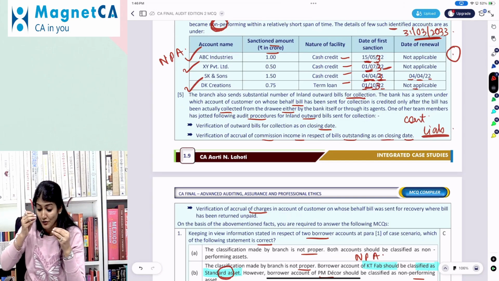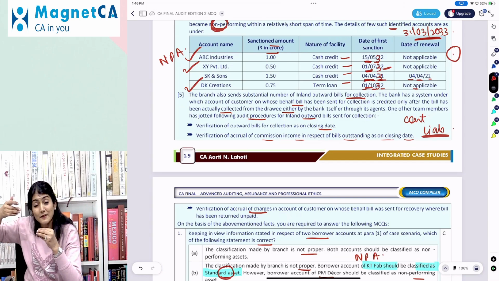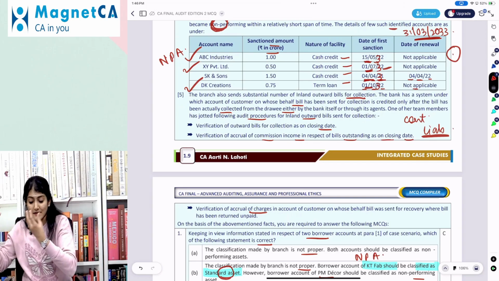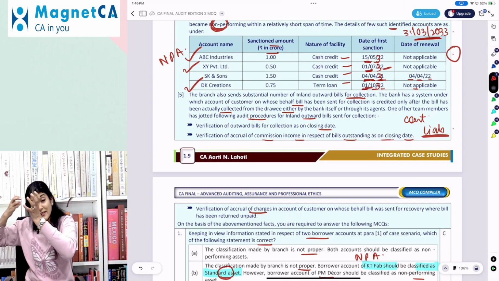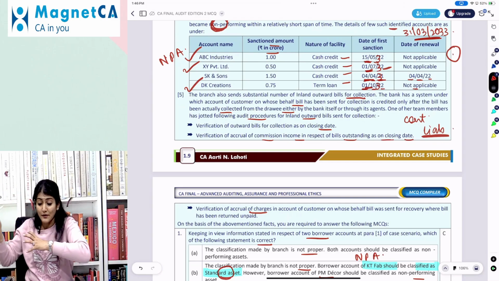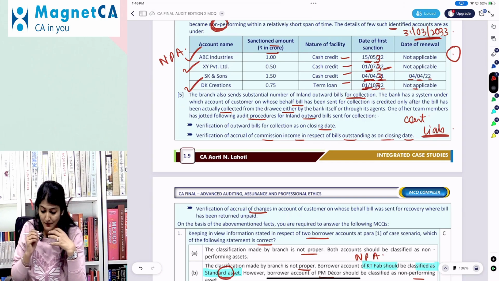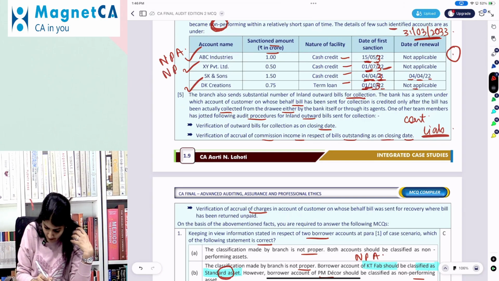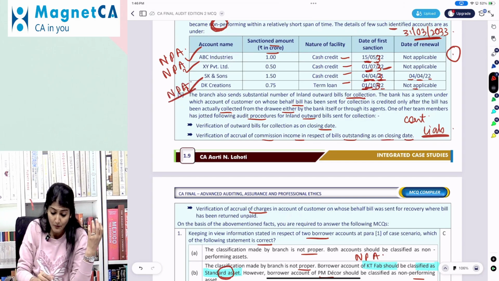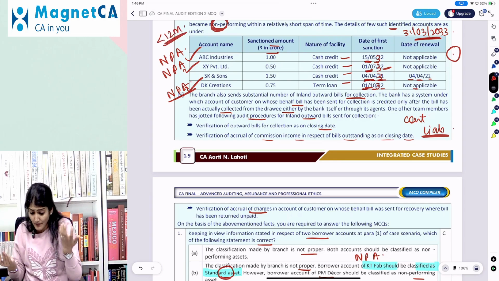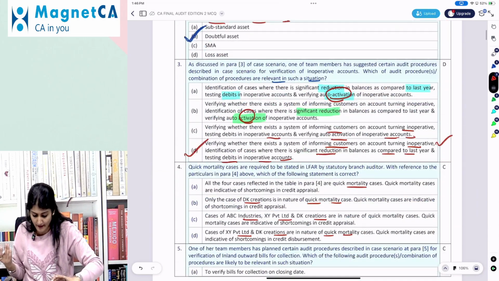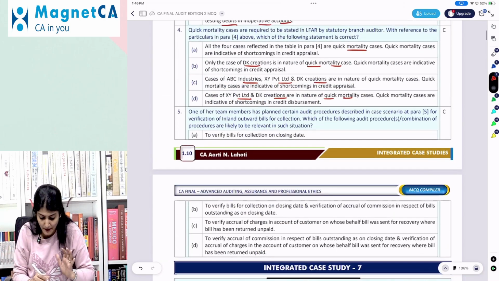So it has been sanctioned on 1st July 32 and 31st March 33, so within 12 months, it has become an NPA. Again, 1st October 32, within 31st March 33, within a period of 12 months, it has become an NPA. Right, so NPA, NPA, and again NPA within the 12 months. That is why it is known as the quick or the early mortality cases. Okay, so that is the option number C.